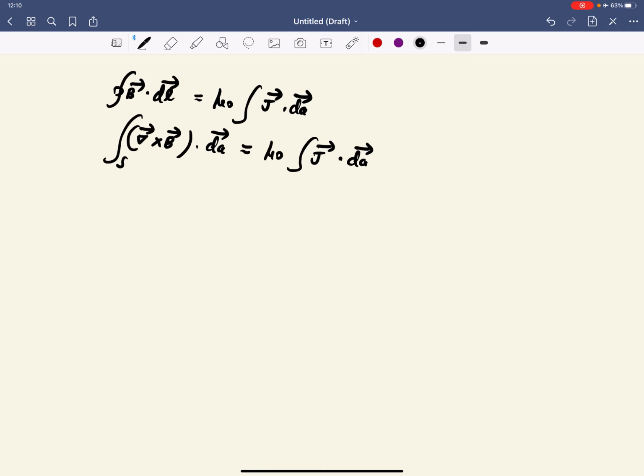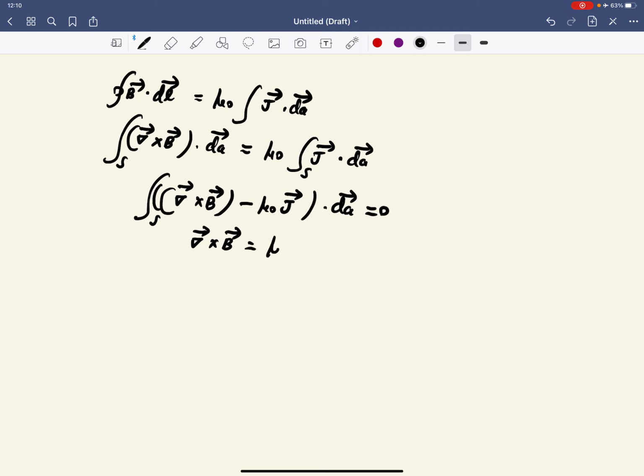Okay, so this is also a surface integral, so I can simply take this to the left hand side, minus mu 0 j dot dA, that's equal to 0. So now for a finite elemental area, del cross B should be equal to mu 0 j.